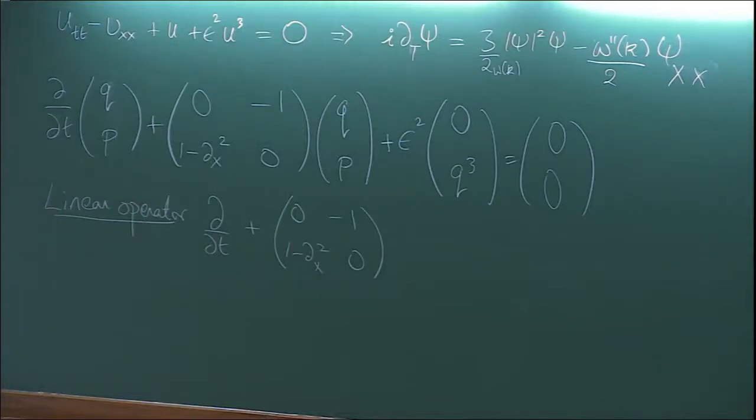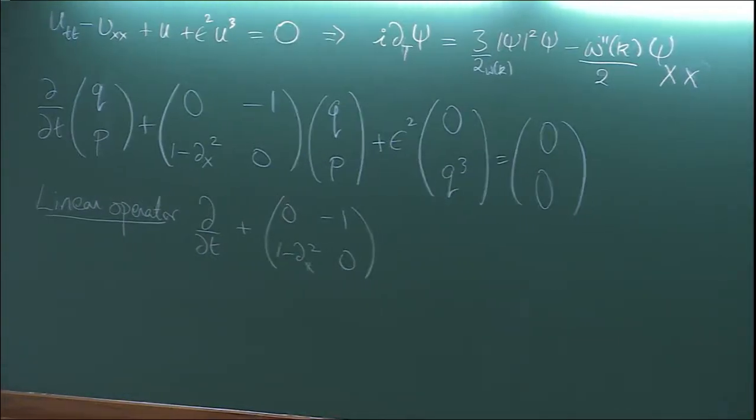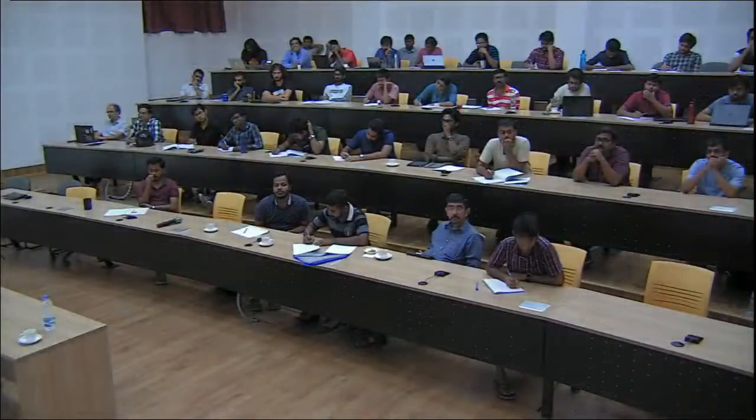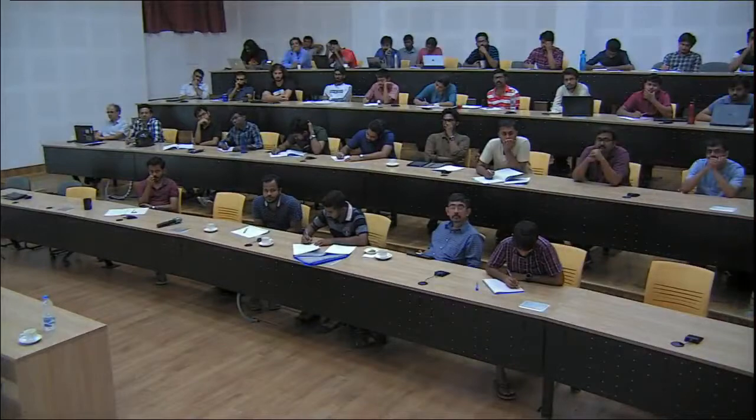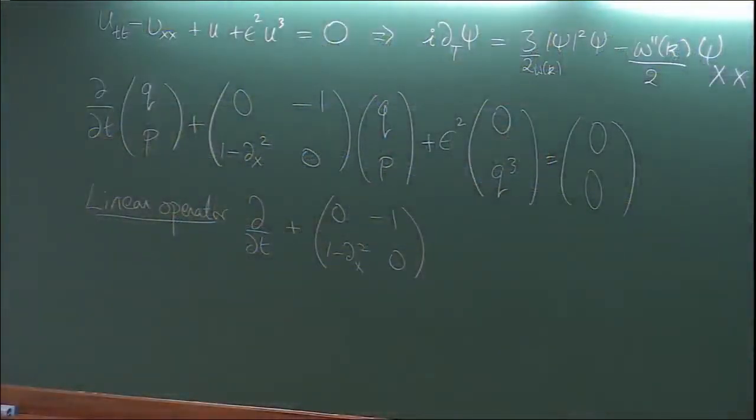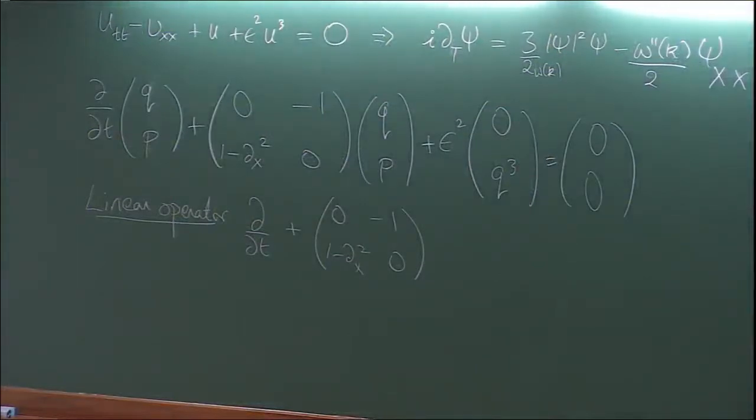Because the whole goal is to set up a perturbation scheme. And so my first goal is to find out whether I even have a non-trivial null space. Okay? Now you'll recall when I did the ODE problem, when this wasn't there, I said my overall goal is to find periodic solutions. So I'll still say the same thing. I want to find periodic solutions.